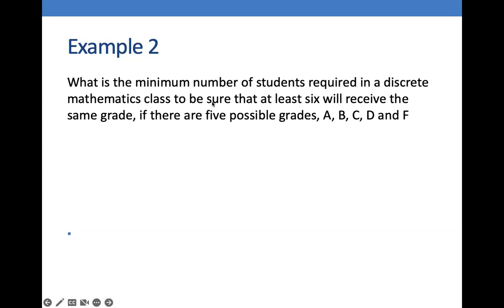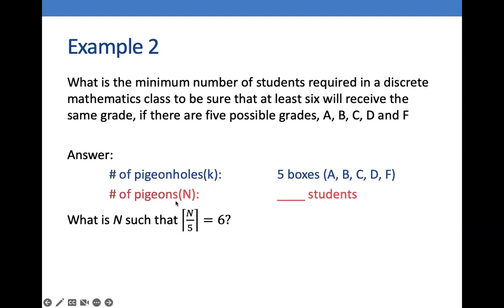What would be the minimum number of students required in a discrete mathematics class to be sure that at least 6 will receive the same grade if there are 5 possible grades A, B, C, D, and F? The number of pigeonholes will be the 5 boxes A, B, C, D, and F. What would be the number of pigeons? That would be the number of students.